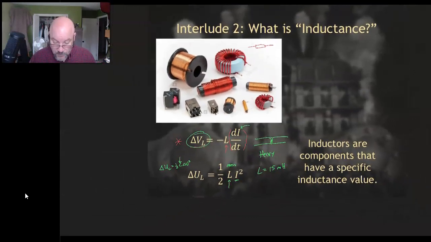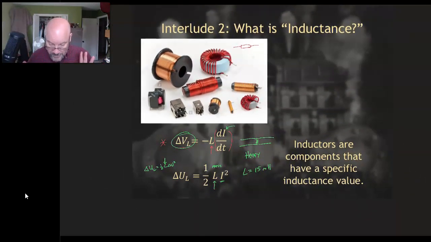Okie dokie. So now, inductance is the property of being kind of like an electromagnet. That has to do with the fact that when you've got a coil, a loop of wire, it can behave like an electromagnet, and that has implications for voltage.